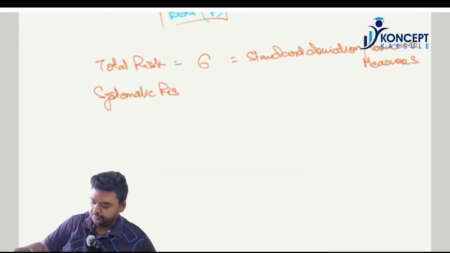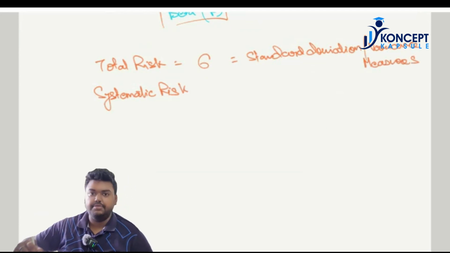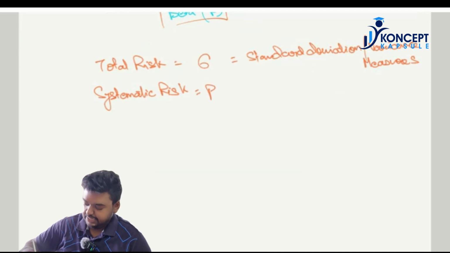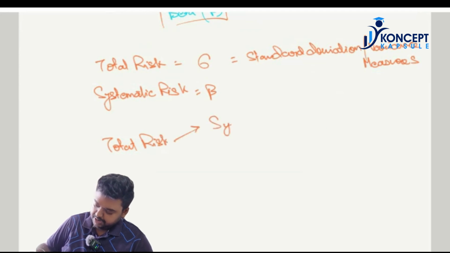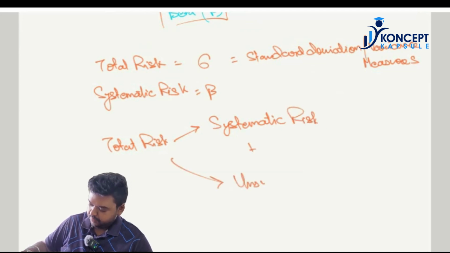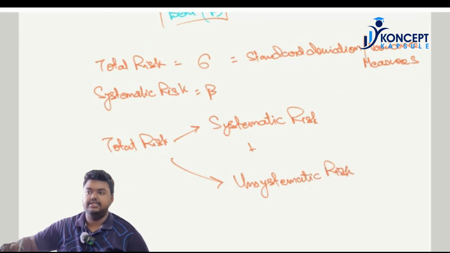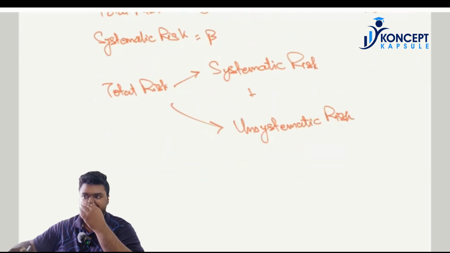Correct? Systematic risk is beta. We know total risk is principally systematic risk plus unsystematic risk. Correct? We know principally total risk is nothing but systematic risk and unsystematic risk.